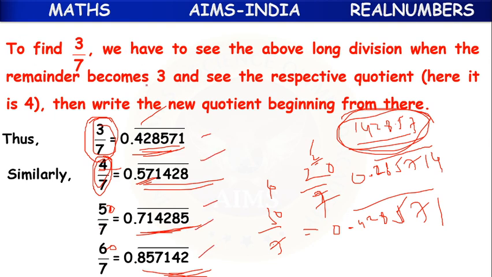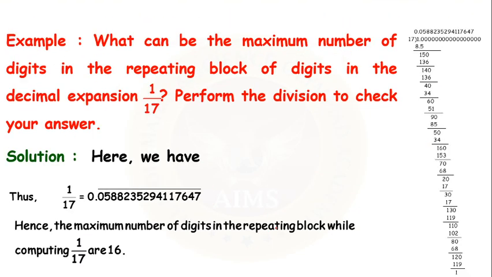If we have the expansion of 1 by 7, by permuting the positions of these decimal places, we can directly tell the decimal expansion of all the equivalent rational numbers.